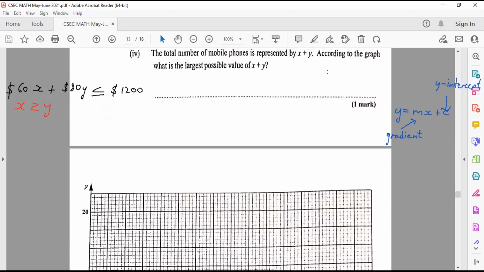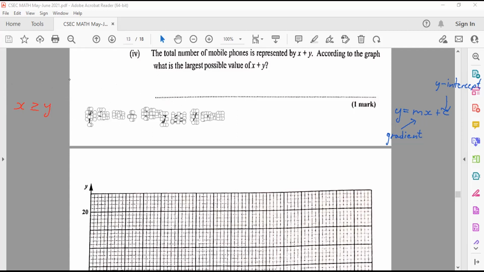So let's take this one and convert it into the form y equal to mx plus c, which first means we need to solve for y.